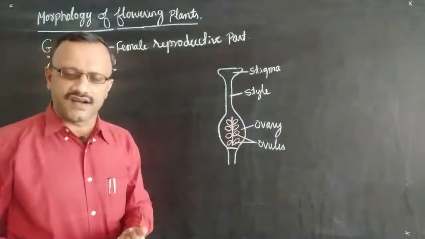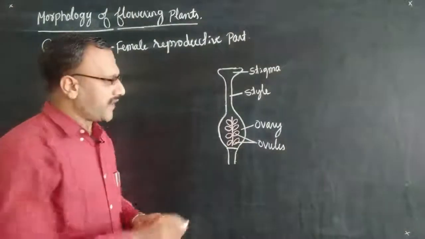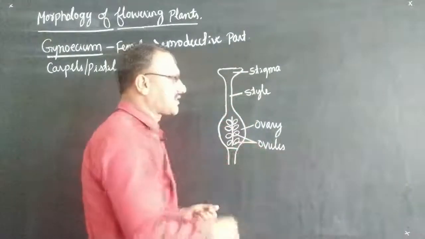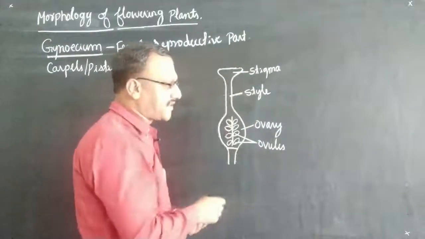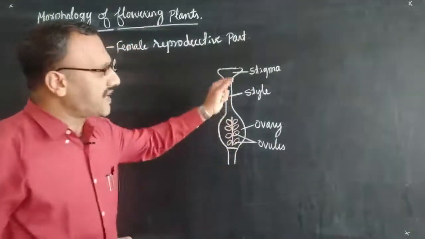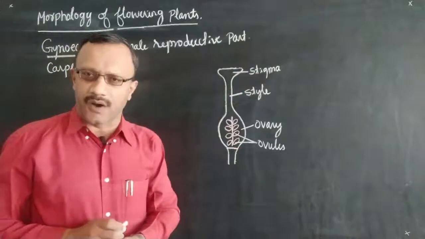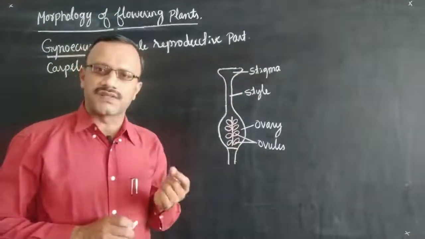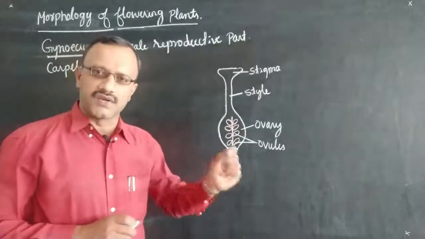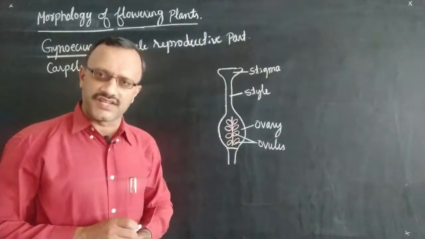a seed after fertilization, whereas the style is the middle portion, which is a long thread-like structure through which the pollen tube will pass moving towards the ovule, whereas stigma is the receptive spot which receives the pollen grains at the time of sexual reproduction, that is by means of pollination.